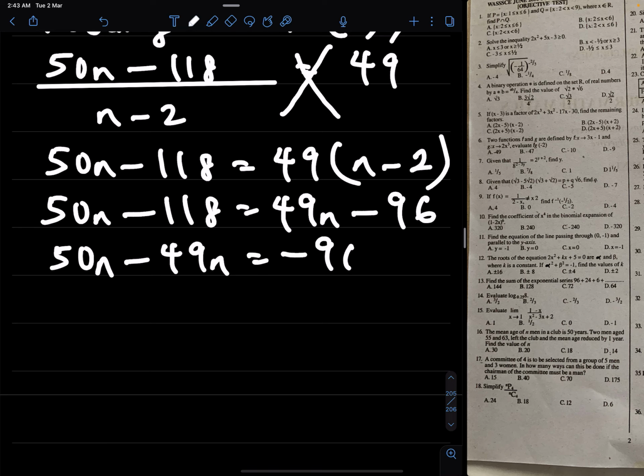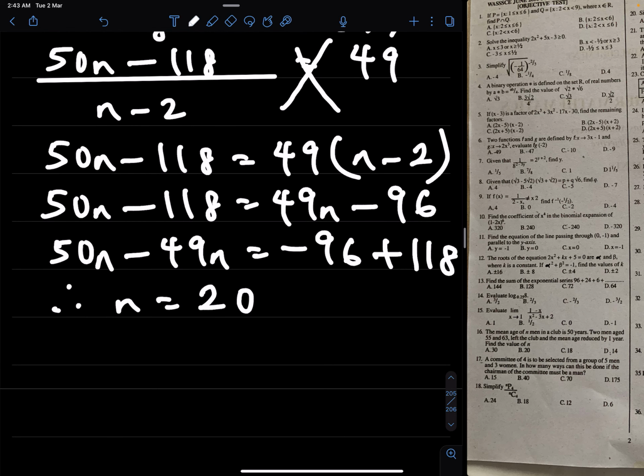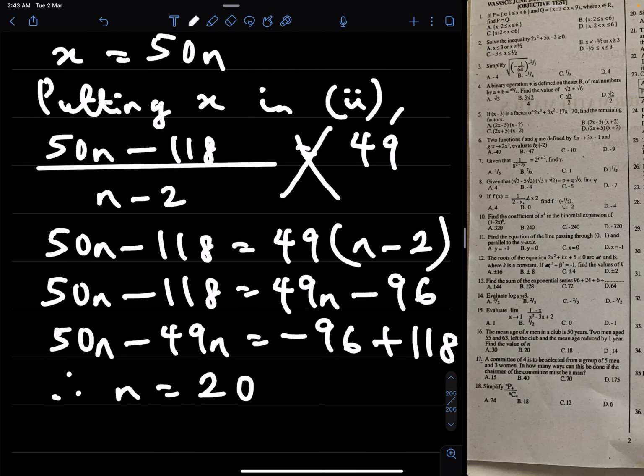And that's it. Minus 96 plus 118, that's correct. But look at that, 49 times 2 cannot be 96 here. That's 98, so sorry about that.